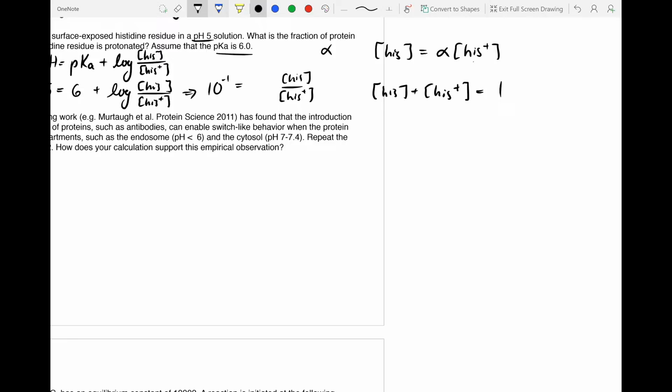And you can substitute directly, so instead of histidine, you're going to have the following. You might make this alpha plus 1 of histidine plus. And then you can solve for the concentration of histidine.